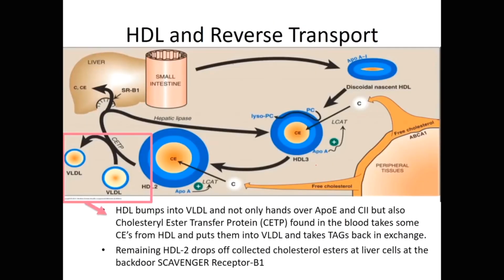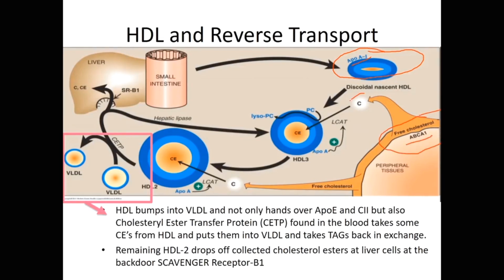So here we have our HDL and reverse transport. It starts off over here with our discoidal nascent HDL, and it's got its little ApoA1. This HDL passes by our peripheral cells that have this ABCA1 transporter.